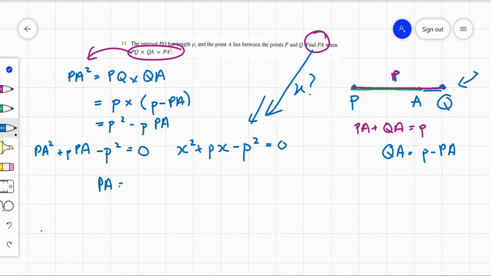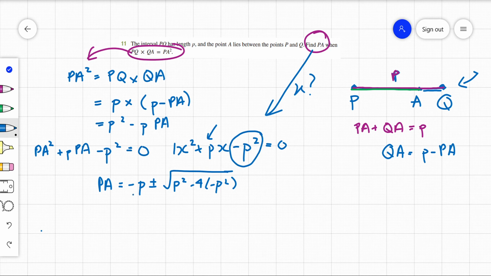So PA equals, if you want to solve for x, you're using the quadratic formula, because we've got all these letters, so you have to use the quadratic formula in this case. So negative b, which is negative p, plus or minus the square root of b squared, so p squared, minus 4a, a is just 1, and c is negative p squared, all over 2a.